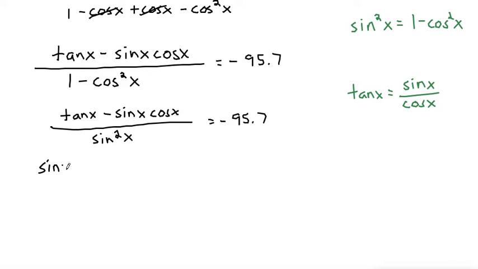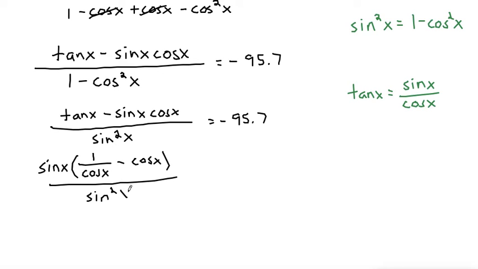Sin x times, if we take the sine out of our tan, there's nothing left on top, so we leave just a 1 over cos x, minus, if we take out the sine, we're left with cos x for the second term, all over sine squared x.